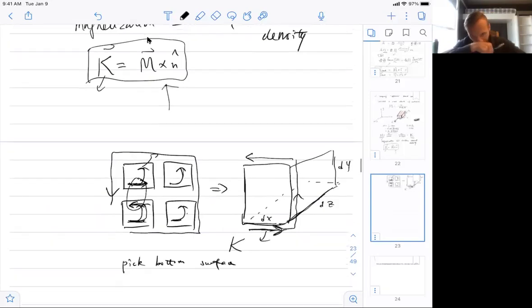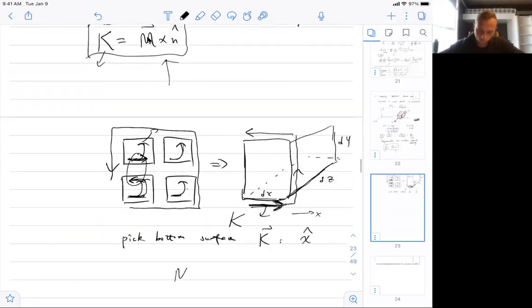For the bottom surface, in what direction is your K? K is running in the x direction. This is my x direction. And in what direction is my M cross n hat? Are they really equal to each other? So this is my bottom surface that I draw here. What is your n hat?